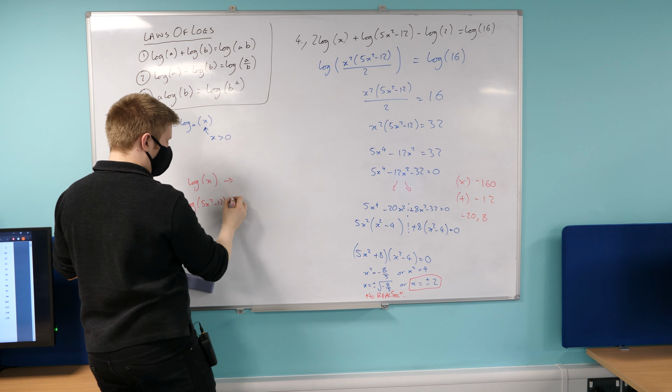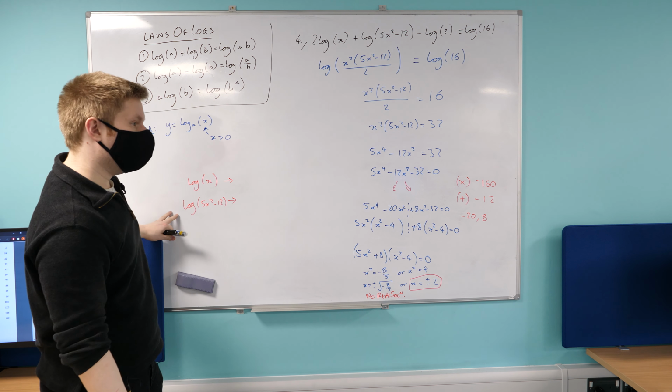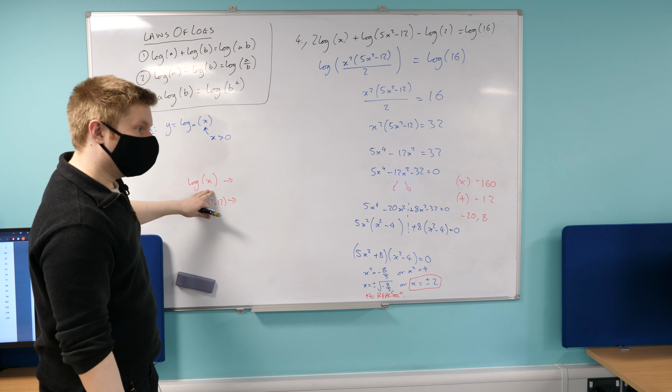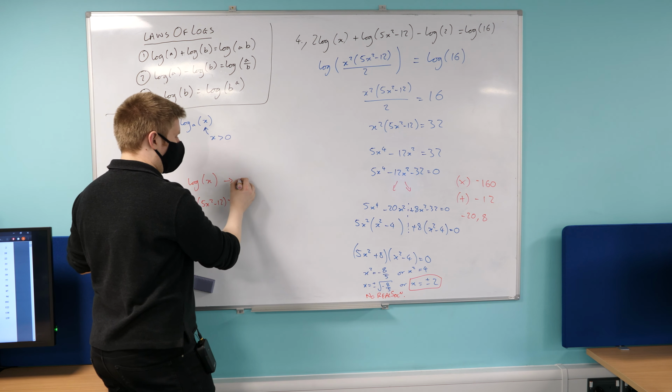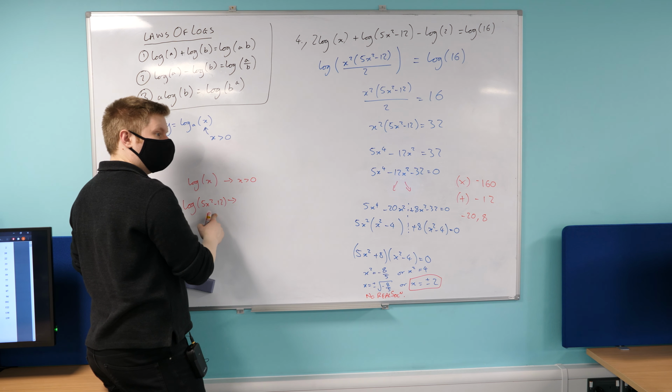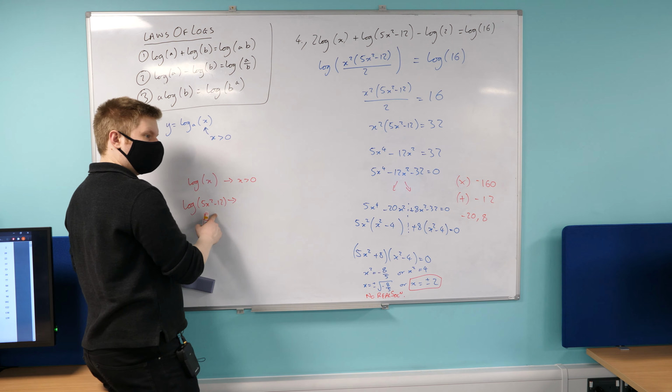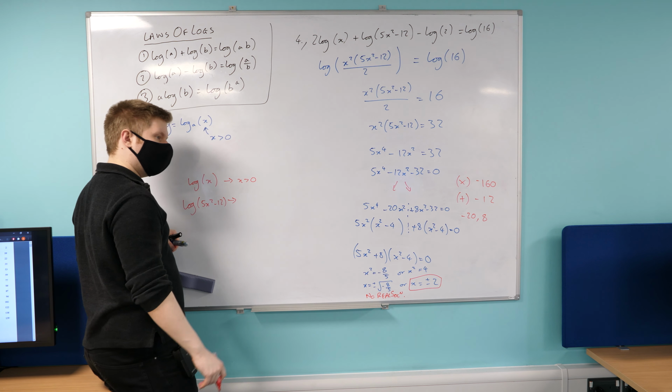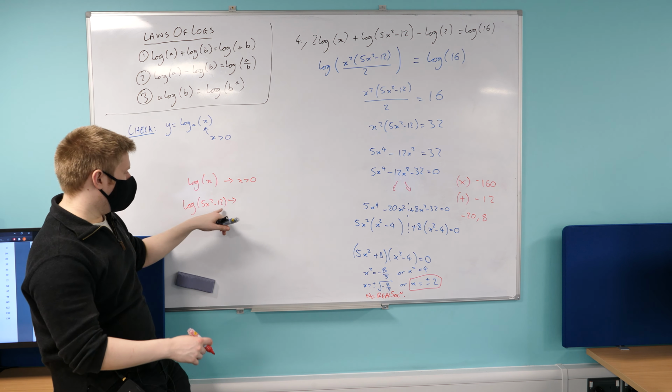So in other words, the two logarithms that we need to check are these two. For this logarithm, x has got to be greater than 0, right? For this logarithm, what have we got to make sure? Is it 5x squared minus 12?